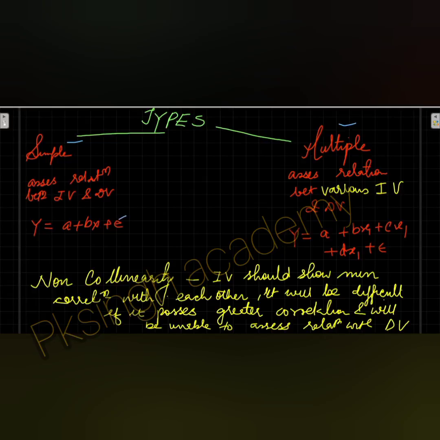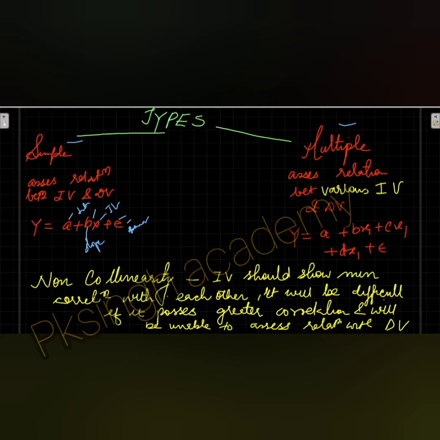Here e is the standard error, a is the intercept, b is the slope, and x is the independent variable.